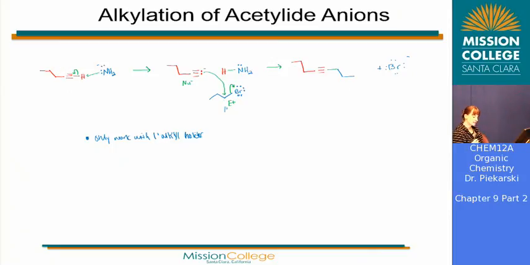Okay? So sterics plays a big role in this mechanism, and that's the one drawback to it. It's kind of like the exception to the rule. So when you're making your table of reactions, you always want to write down exceptions or things that you have to be aware of. I cannot do a secondary or tertiary alkyl halide. It's not going to work, you know? You want to know all the exceptions to the rules.